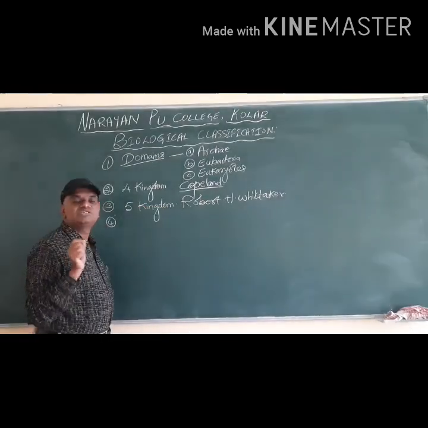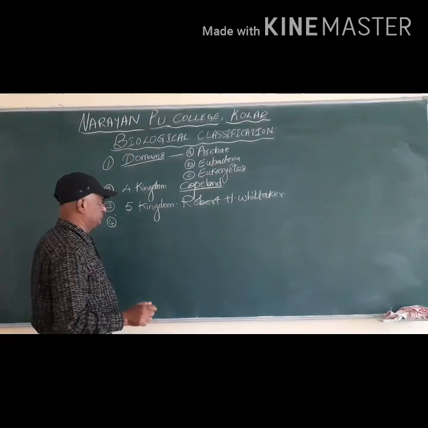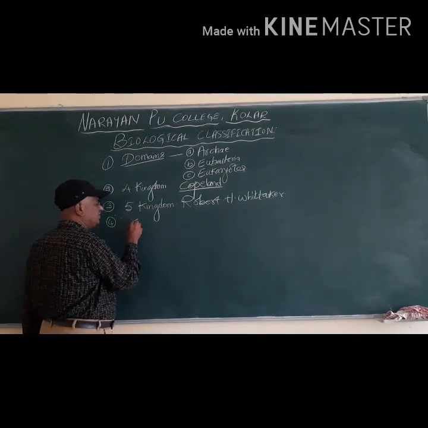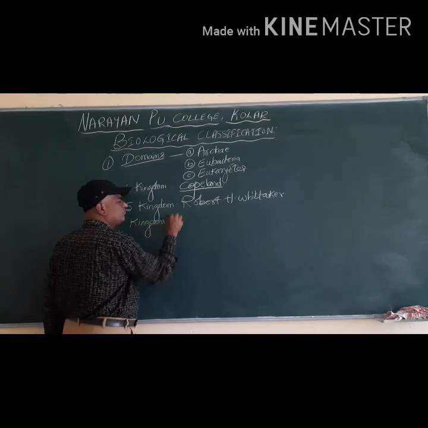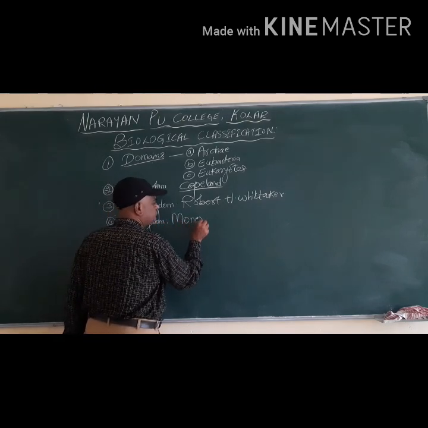The next question is the five kingdom classification. In this five kingdom classification, the first one is kingdom Monera.